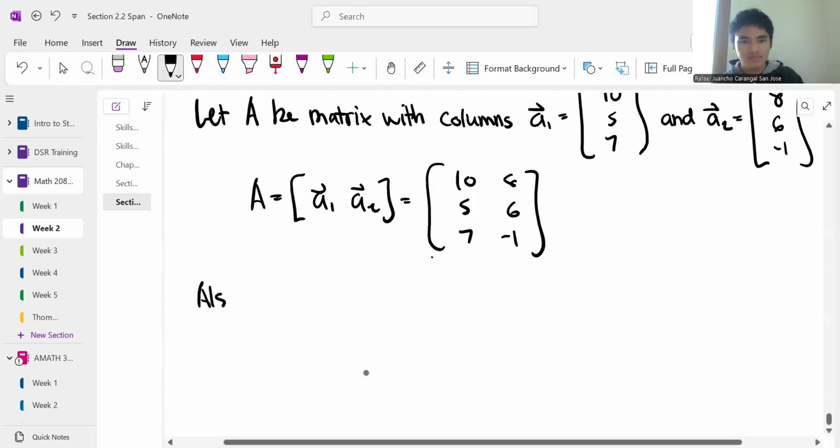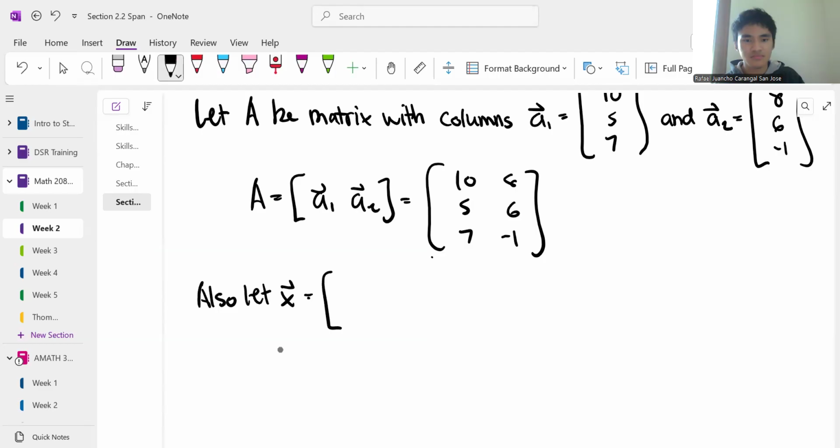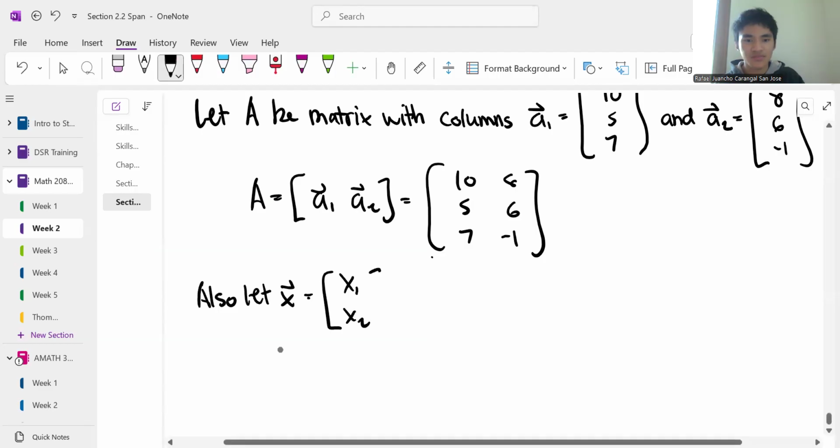Also, let x, which I'm assuming is a vector, have components x sub 1 and x sub 2.